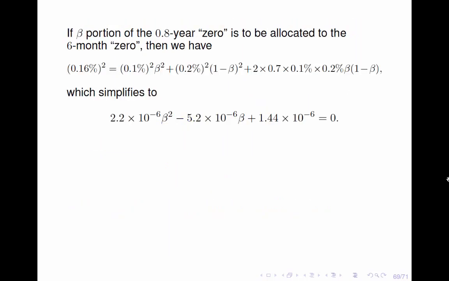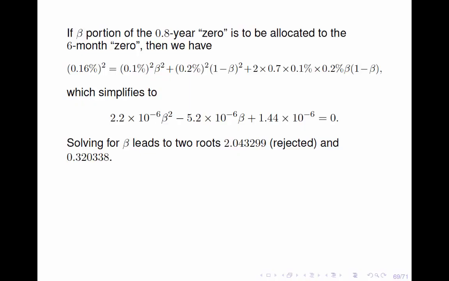If beta portion of the 0.8-year zero is to be allocated to the 6-month zero, then we have the following equation, which can be simplified to a quadratic equation of beta as follows. Solving for beta leads to 2 roots, and we'll choose the one between 0 and 1.